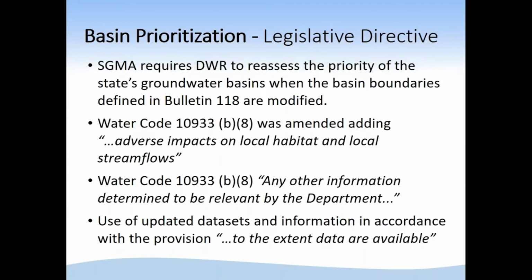Other information that we determined relevant with the 2018 SGMA prioritization included the adverse impacts on local habitat and stream flows, looking at adjudicated areas and the non-adjudicated portions of basins where there are adjudicated areas, critically overdrafted status of basins, and groundwater-related transfers. And Roy will touch on more details related to these 4 additional factors on a subsequent slide.